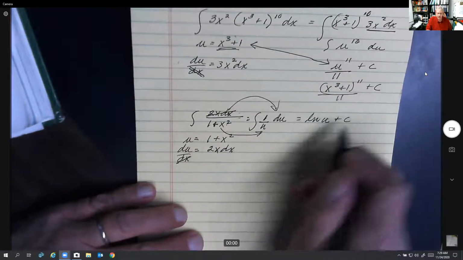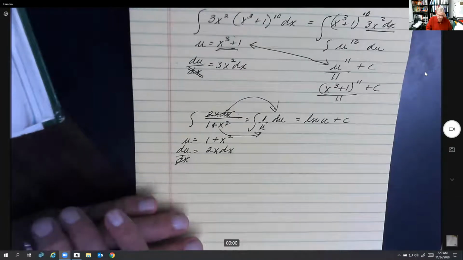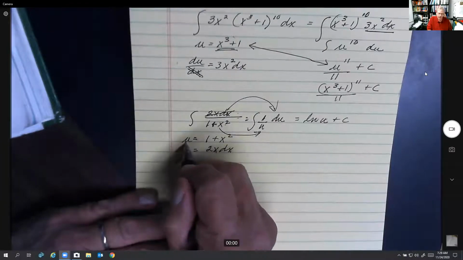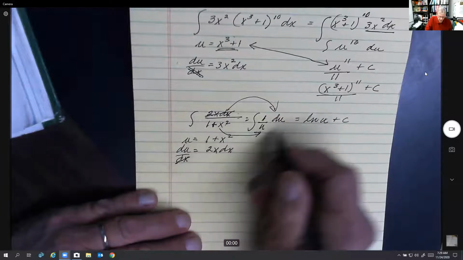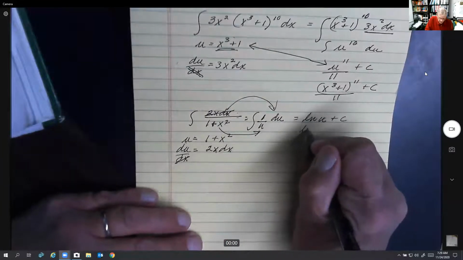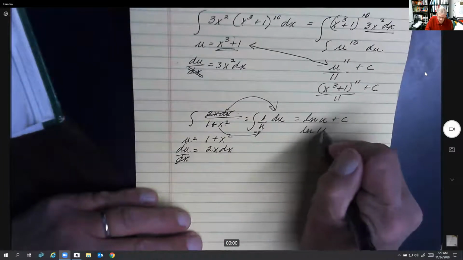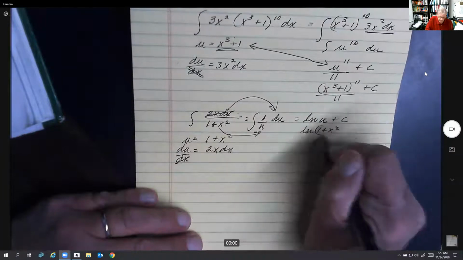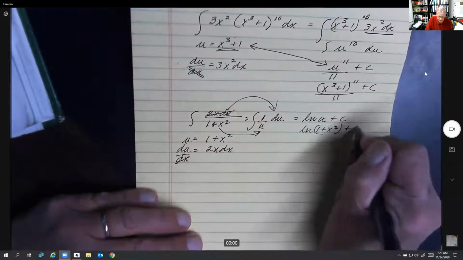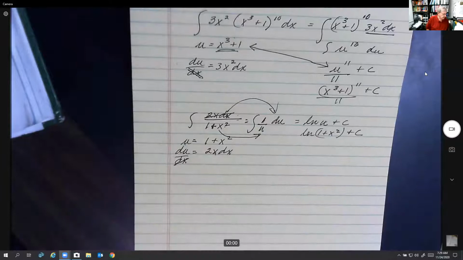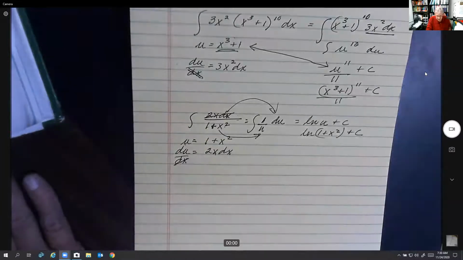And then we can simplify that by saying, well, what is u? We go back to our instructions right here, and we see u is 1 plus x squared. We can put that in parentheses if we want, plus c. And there's our answer, see? And we've got this thing knocked out. So it's the natural log of 1 plus x squared plus c.